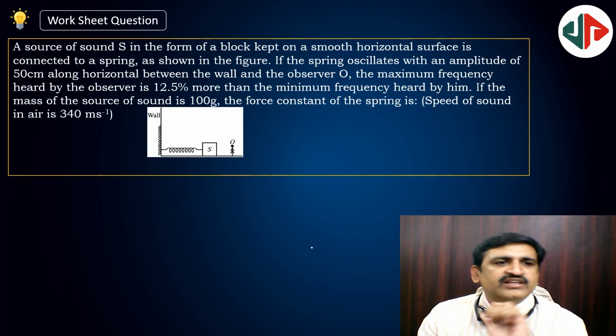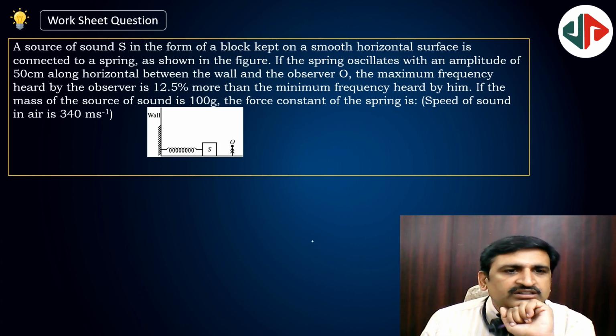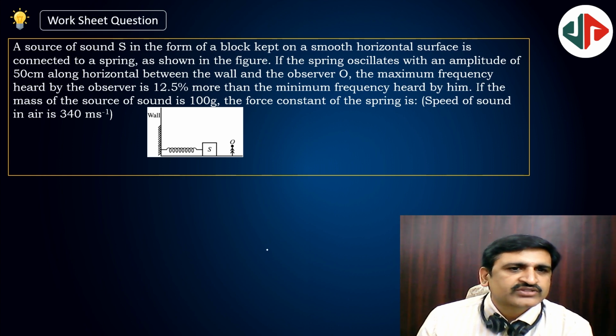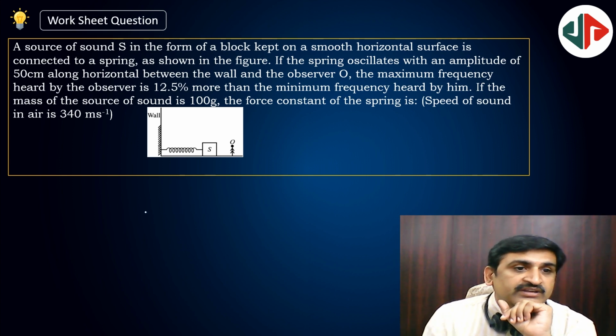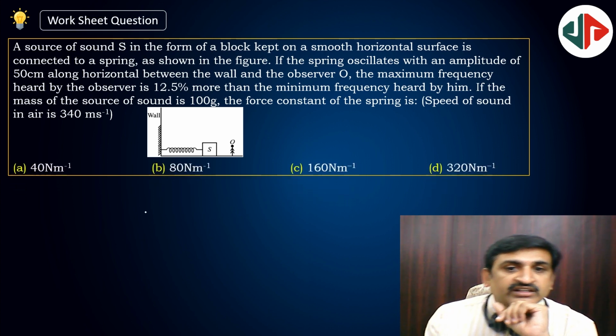A source of sound S in the form of a block is kept on a smooth horizontal surface and is connected to a spring as shown in the figure. If the spring oscillates to and fro with an amplitude of 50 centimeter, the maximum frequency heard by the observer is 12.5 percent more than that of the minimum frequency.